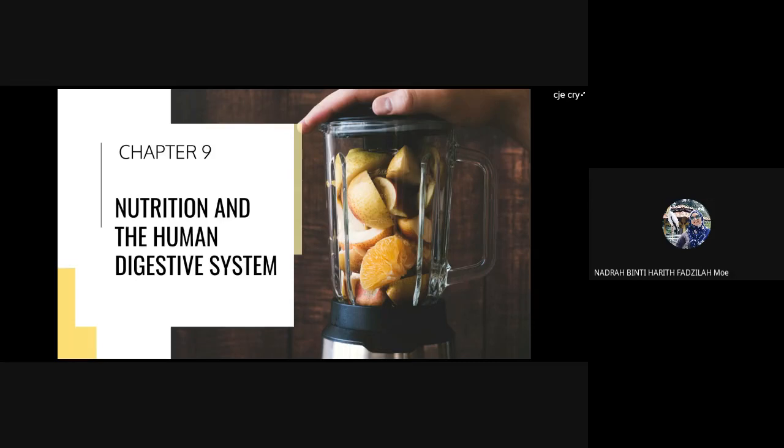Saya share lagi sekali dalam Google Meet ya. Okay, mari kita berpindah. Alright, mari kita berpindah pergi ke human nutrition and human digestive system. Saya akan end kita punya session yang ni. Dan kita pergi ke nutrition.